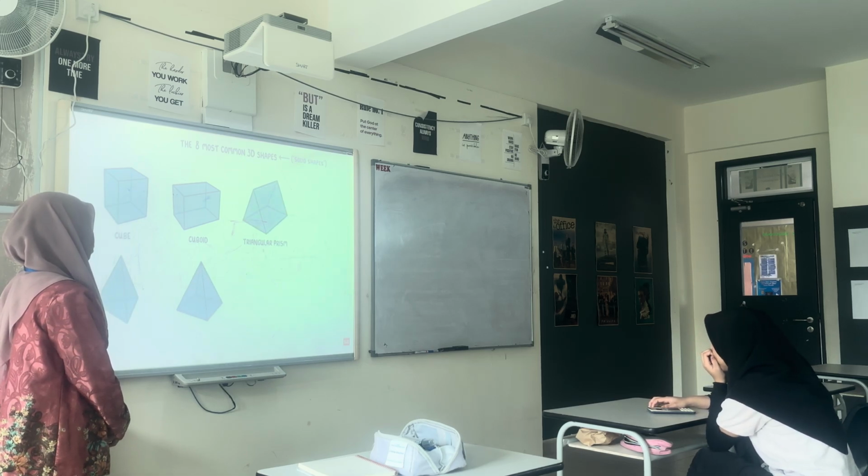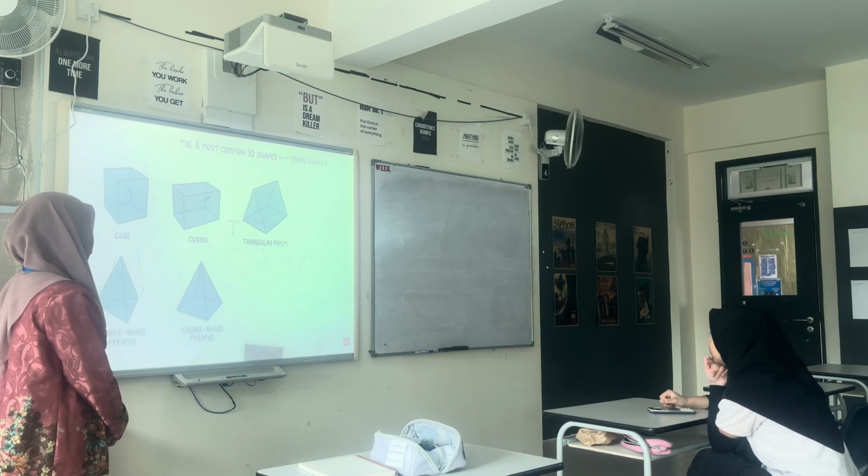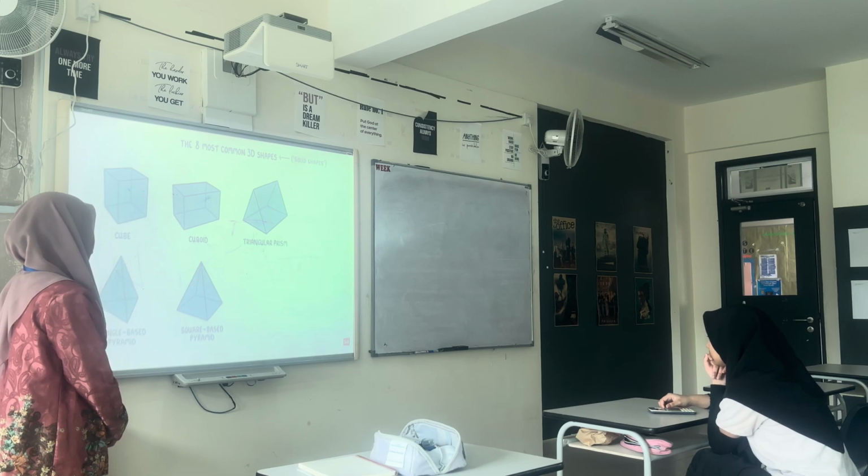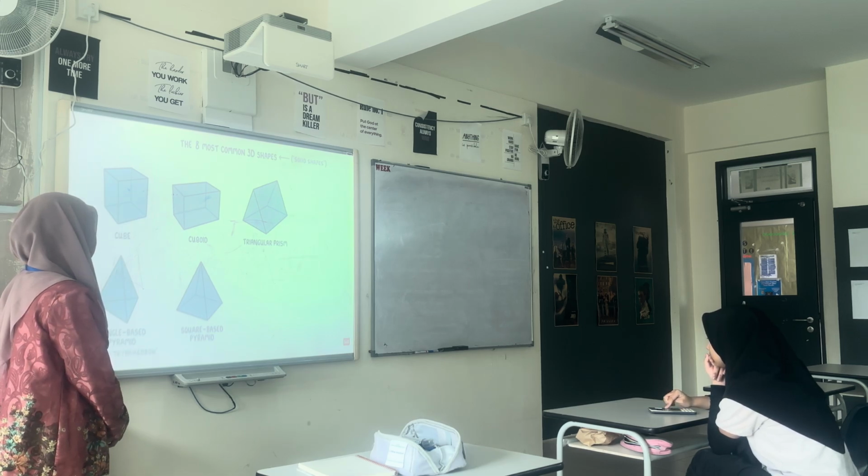And then the 2 types of pyramid, which are the triangle-based pyramid and the square-based pyramid. And they're called this because they both look like pyramids and are either a triangle or a square at the bottom. Also, one thing to point out is you might sometimes hear the triangle-based pyramid being called a regular tetrahedron. But this is just a special case of a triangle.